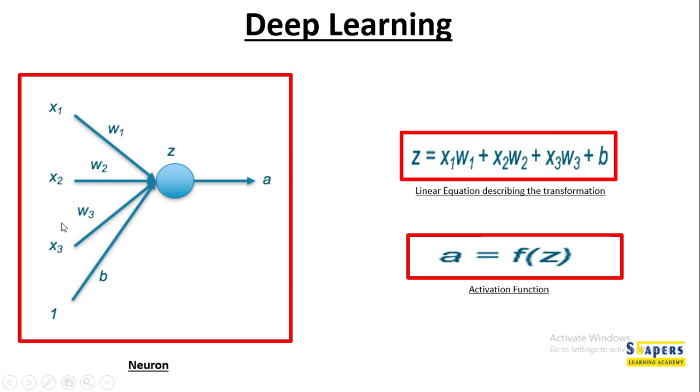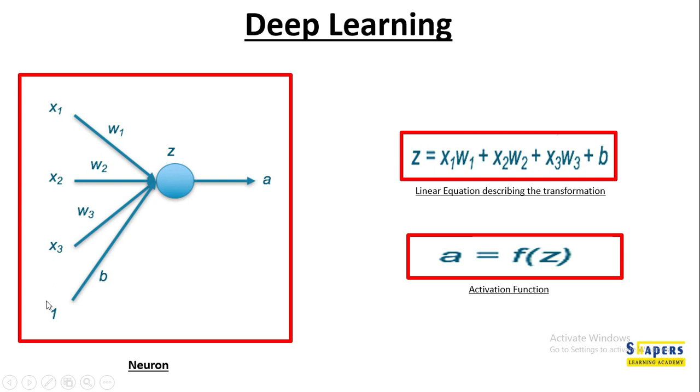Inputs are x1, x2, x3, multiplied by a factor called weights, and passed on to an activation function added with the bias. In the subsequent slides, you will understand what a weight is, what an activation function is, and why we need a bias.